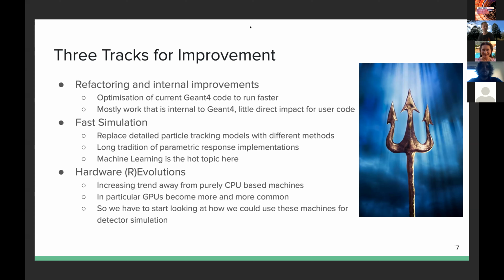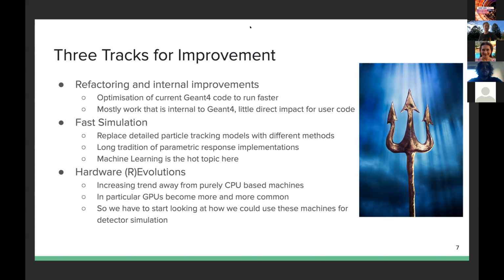And in the next couple of slides, I'll talk a little bit about GeantV and why we think we can actually get the current Geant4 code to run faster. This is mostly work which is internal to Geant4. Hopefully it has little direct impact on the user code. So in a certain sense for the experiments, this would just be like free improvements.